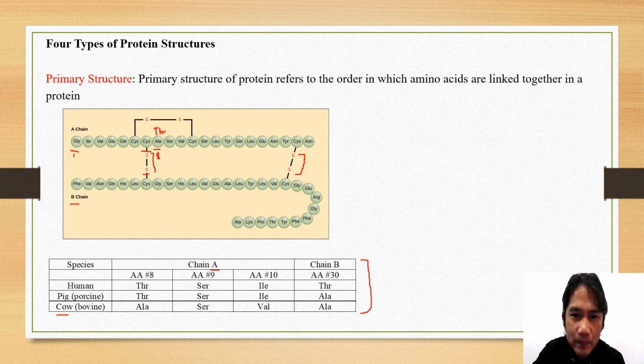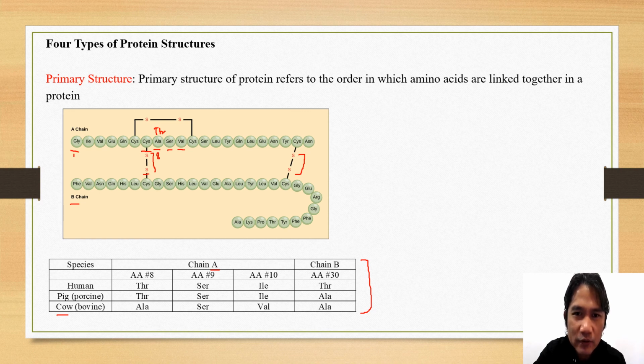The ninth amino acid is serine, so we don't differ in the amino acid residue. The 10th amino acid, this is the 10th amino acid, is valine. In human, this is replaced with isoleucine.